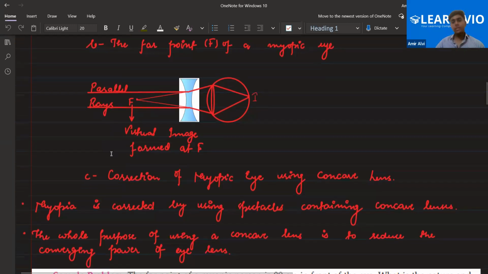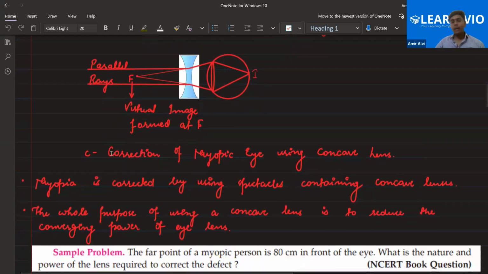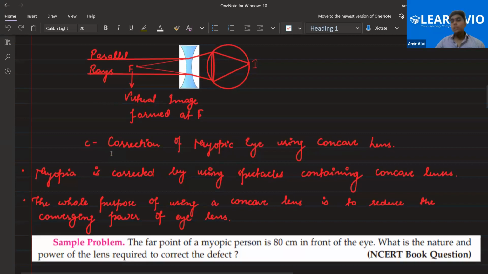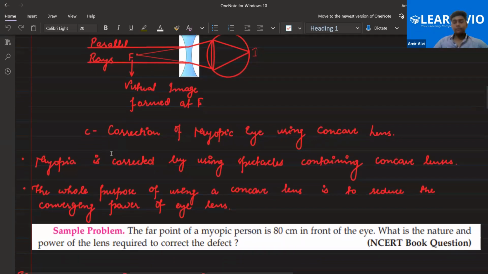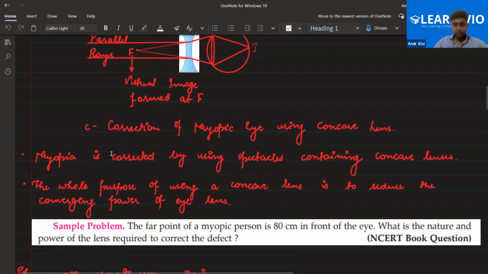So a myopic eye is corrected by spectacles using a concave lens, and the whole purpose of using the concave lens is to reduce the converging power of the eye lens. Clear, everyone? Yes. That's great.